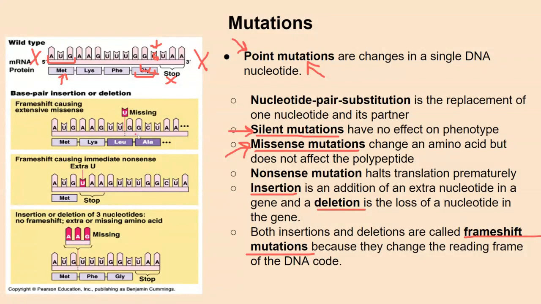So we have shifted all of the frames to one side. This is going to be a nonsense mutation. It will halt the translation entirely. The protein will not be functional and your body will start over. So these kinds of issues will completely stop the function of that protein.